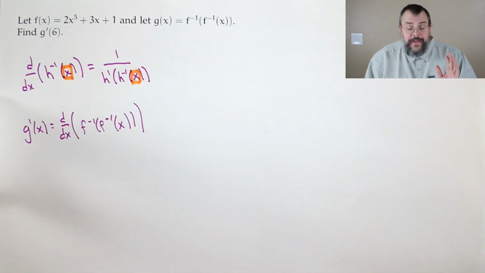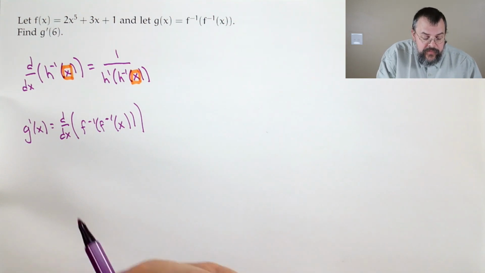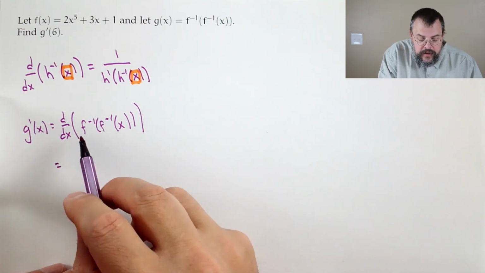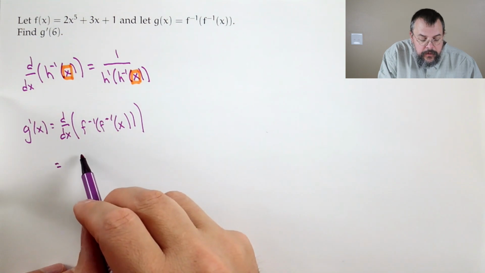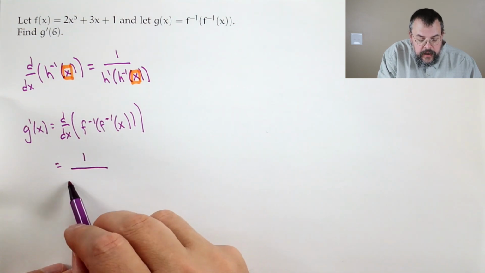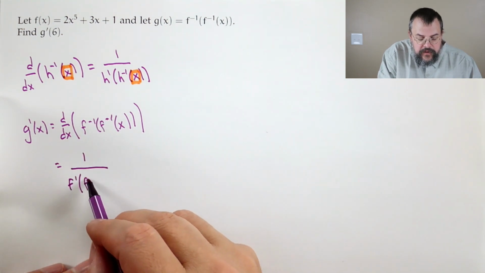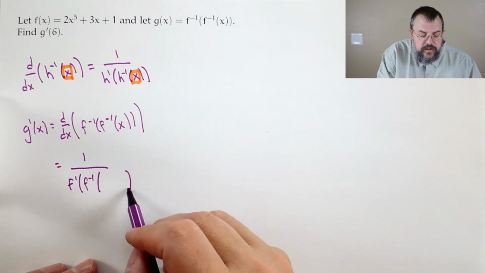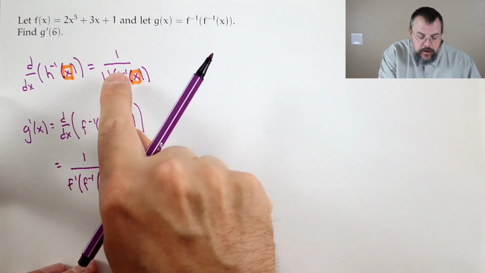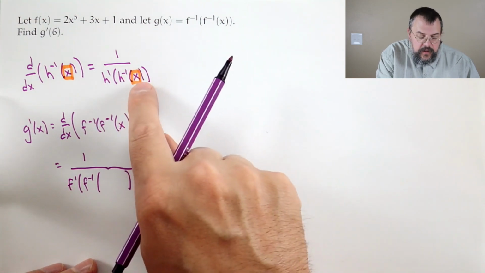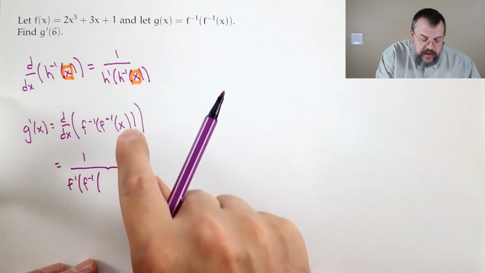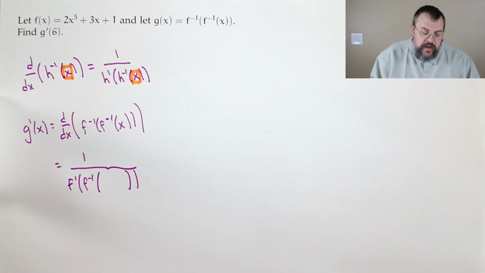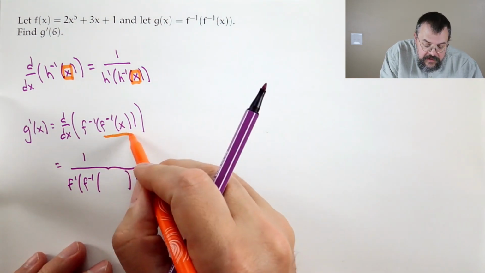So let's follow it through carefully. This would be, here it's f instead of h, but 1 over f prime of f inverse of, now, see, 1 over h prime h inverse of, and now it's whatever's on the inside. In our case, our inside is this f inverse of x.